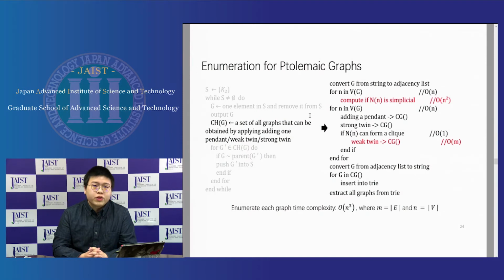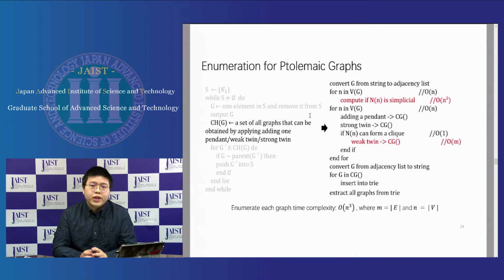Based on the generation rules and using the same framework, we can immediately give the enumeration algorithm of Ptolemaic graphs. On the left side, we have the same framework. More precisely, when we generate the set CH, we first need to compute whether all the vertices in a Ptolemaic graph are simplicial or not.